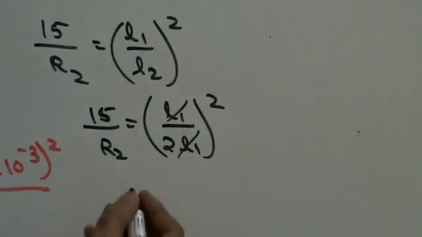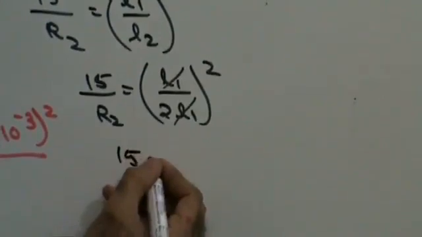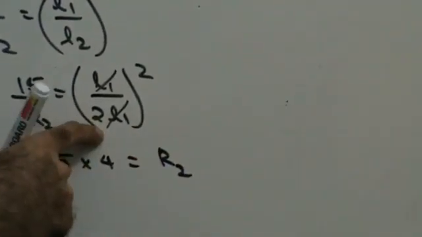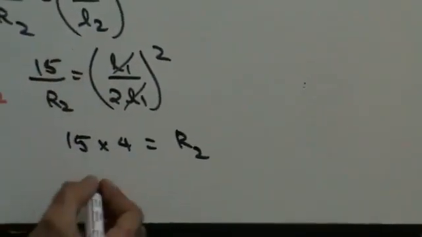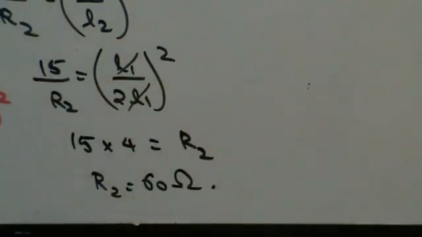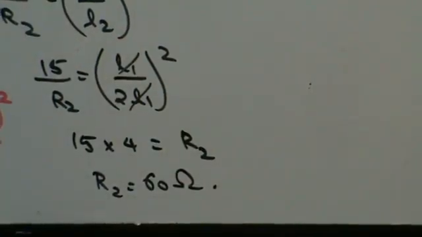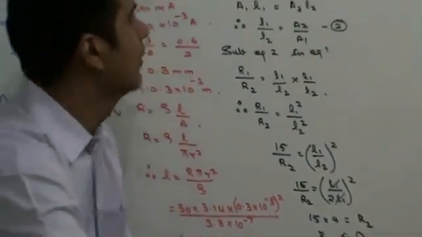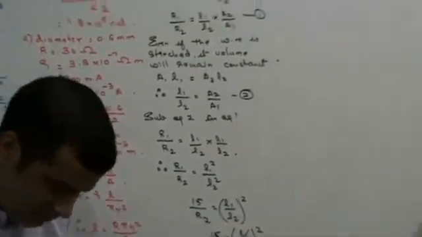L1 cancels, so 1 upon 2 the whole square. So 15 into 4 is R2. How did I get 4? 2 square is 4, cross multiply. So R2 will be 60 ohms. So if the length of the wire is doubled, the resistance will be 60 ohms. Fine. Take down the next one, please.